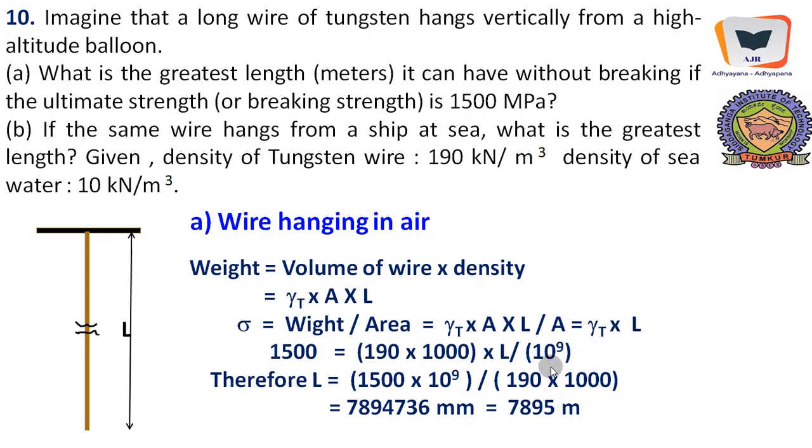That makes it 10 to the power of 9 into L. Therefore upon cross multiplication, and of course the stress is given to us, 1500 MPa, we equate this and we will just get the length in terms of millimeters, and when we divide this by 1000 we will get 7895 meter. We can afford to have this much lengthier tungsten wire which is freely hanging in air.